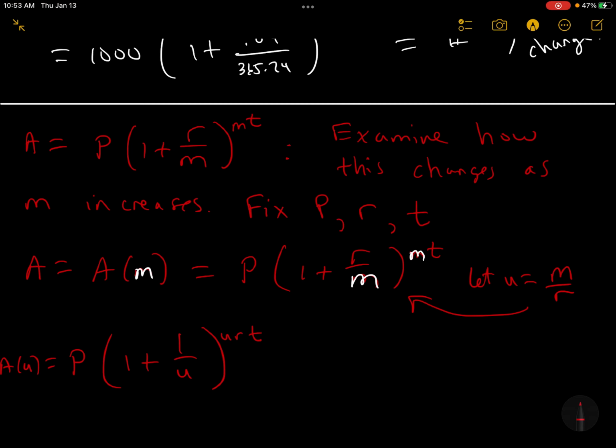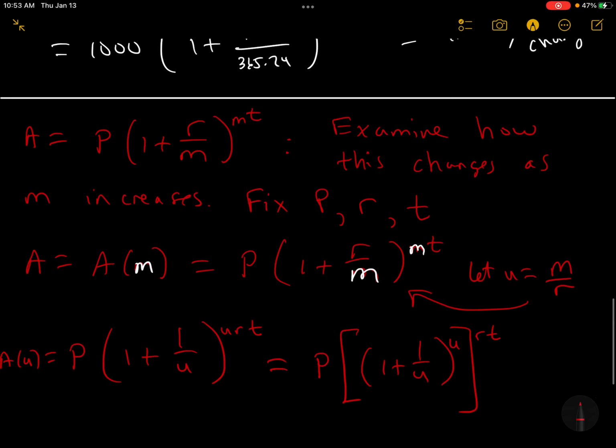All right, we're going to rewrite this. I'm going to read that like this. So this is 1 plus 1 over u to the u, and then I'm going to take this rt and put it outside here. Remember, rt is a fixed number, so it's just 5 or something.